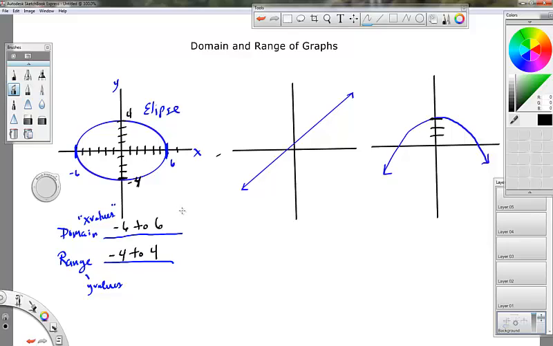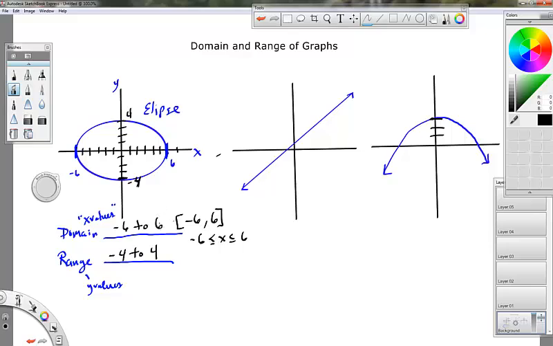There's another set of notation that you can use to write this. I don't know if you've ever seen this before, but it's hard bracket -6, comma 6 hard bracket. That means it goes from -6 to 6. A third way of writing it would be -6 less than or equal to x less than or equal to 6.